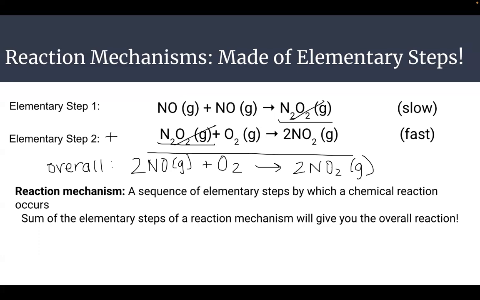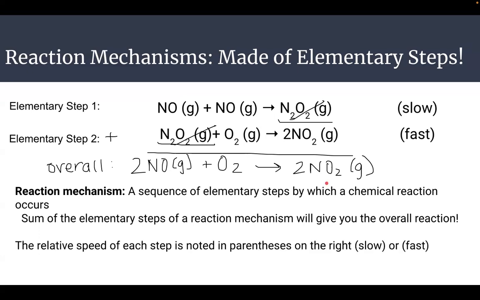Something that you might have noticed that I haven't addressed yet is that here on the right side, we notice the relative speeds of each of our steps. Our different steps generally do not happen at the same rate, which means one is going to be slower than the other. We note the slowest step by putting "slow" in parentheses, and we put faster steps in parentheses as "fast."